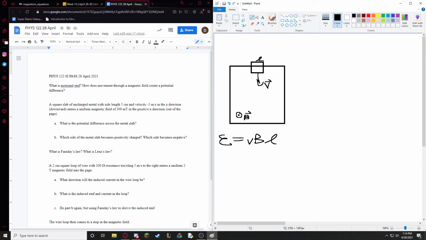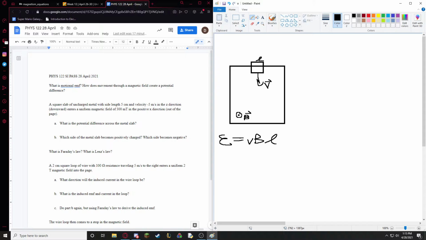So which side is positive and which is negative? Positive would be the right side, because the electrons are moving to the left.